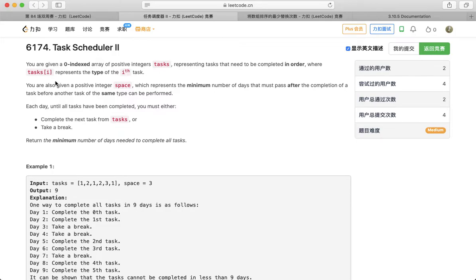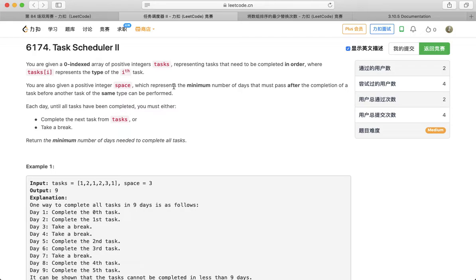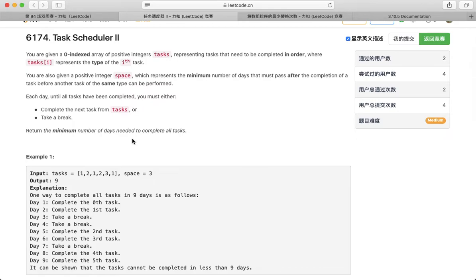Type. That must pass after the completion of a task before another task of the same type. Okay, looks like simulation, because we have to complete them in order, and it doesn't really make sense to not take a task when you can possibly take it.